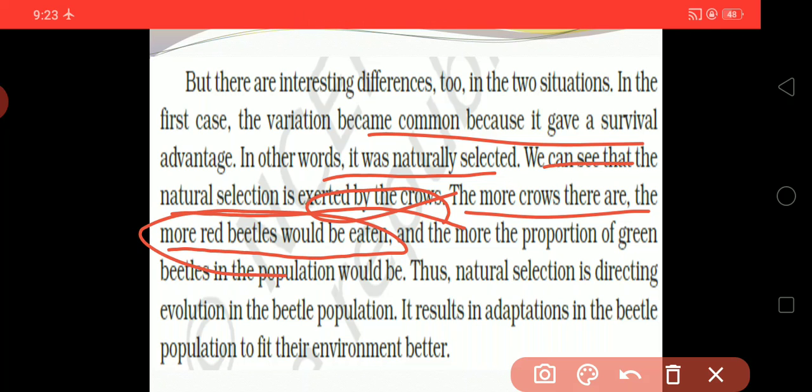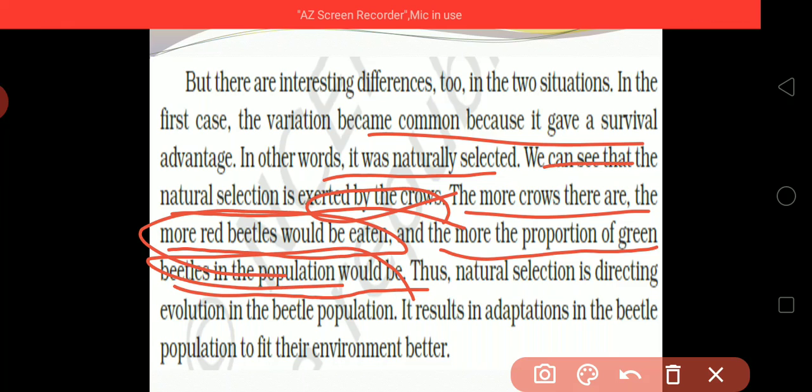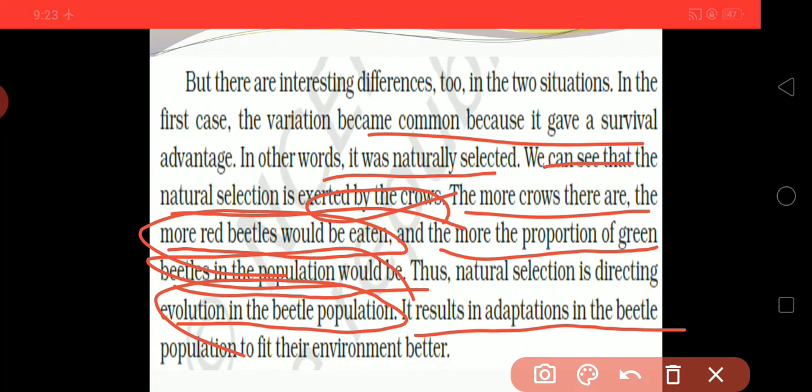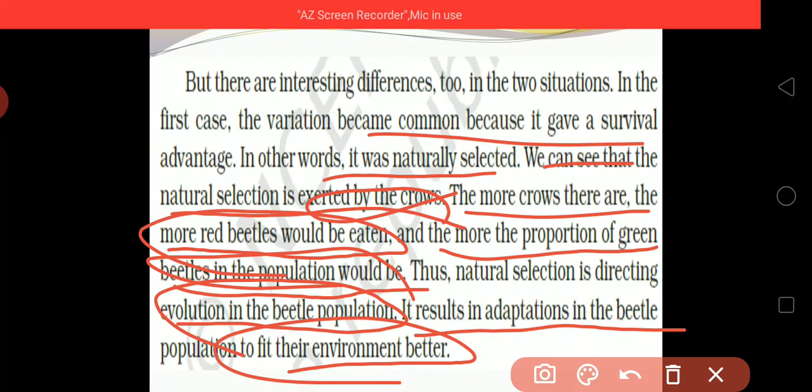As the number of crows is greater, more red beetles will be eaten by those crows, and the proportion of green beetles in the population will be higher. So by reproduction, more green beetles will be produced, and thus natural selection is directing evolution in the beetle population. It results in adaptation of the beetle population to fit their environment.